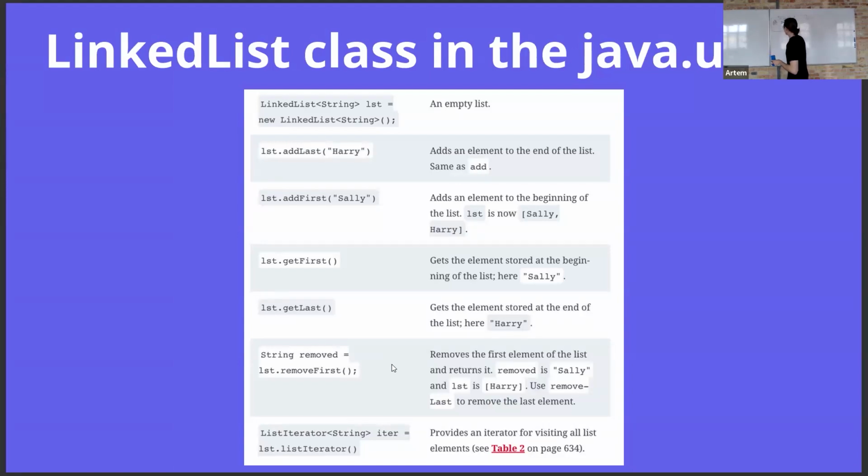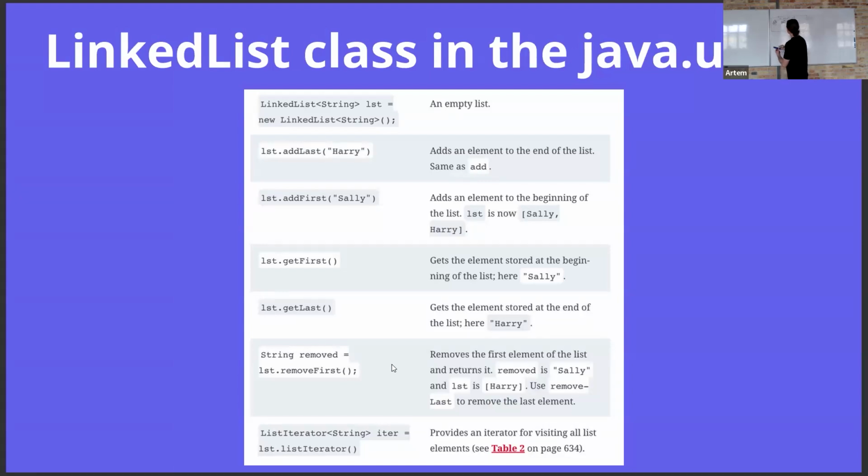We say that prev of Harry now equals null, and next of Sally equals null also. So now Harry doesn't have a previous element, and if a node in a linked list doesn't have a previous element, this means that this element is the first one.